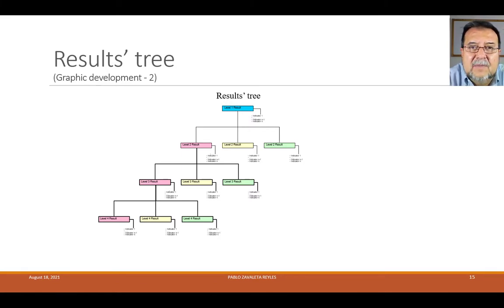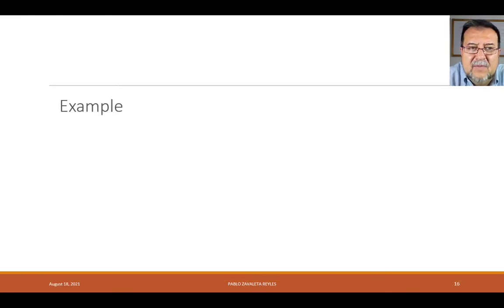I need several other things, and we can go 1, 2, 3. In order to create the rocket, well, I will be needing materials, I will be needing fuel, and all those technologies. By the time I finish my results tree, I have very low or very disaggregated results that I can put a number on.